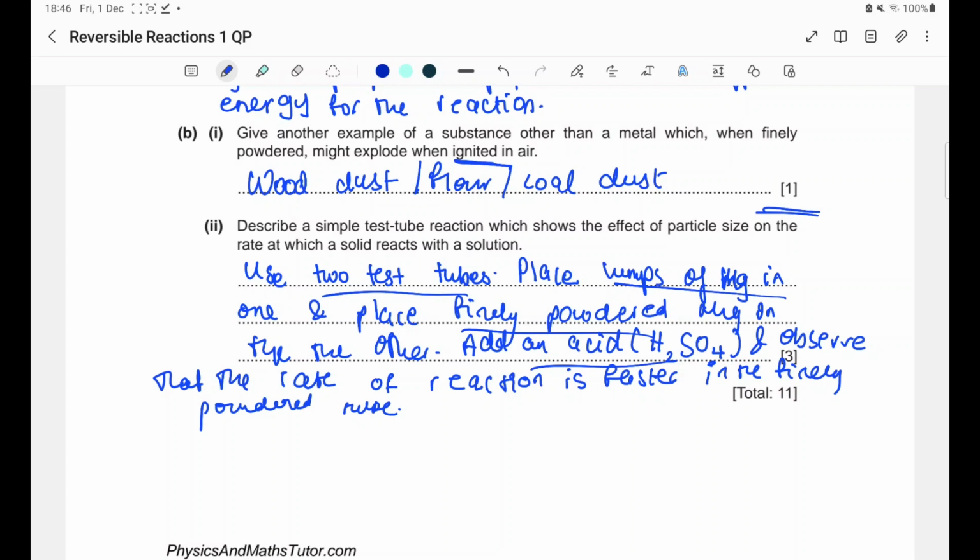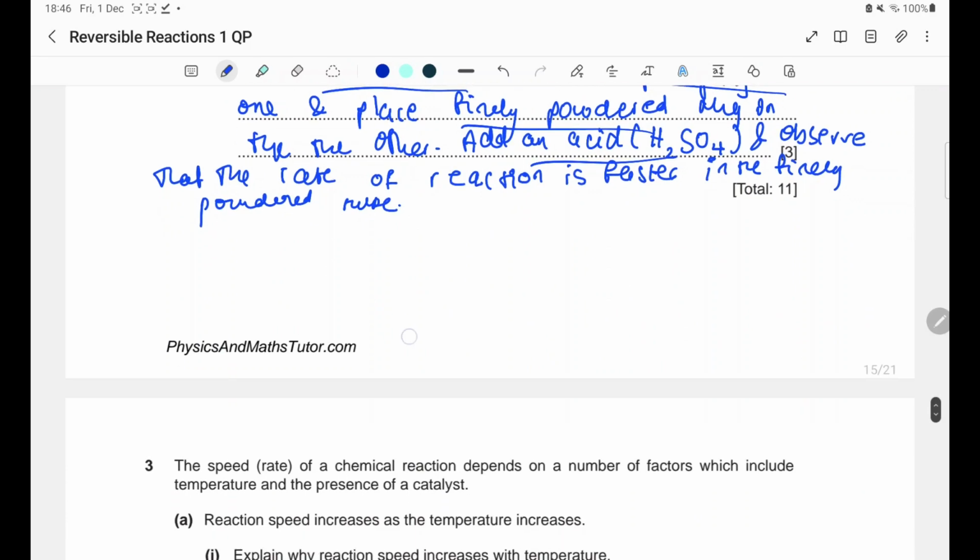And you could also give more details on how you have to have the same concentration of hydrosulfuric acid for both tubes, and you have to have the same mass of magnesium for both test tubes. Those are extra details that you would add for any question that is worth a greater number of marks, okay?